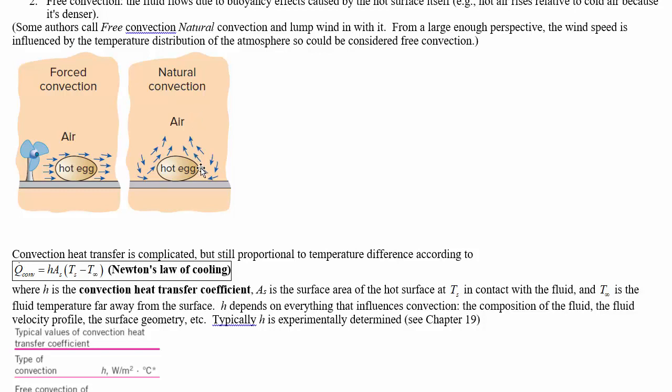It has to move away before any more heat can flow. But in a boiling reaction, increases in energy don't necessarily increase the temperature if they're going into making a phase change happen.